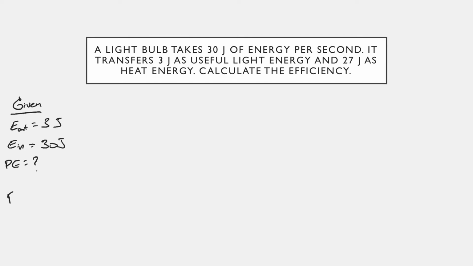So again, we're just going to use the equation from before, where percent efficiency is equal to energy out divided by energy in times 100%. So let's go ahead and rewrite our equation and start plugging in what we know. The energy output is 3 joules.